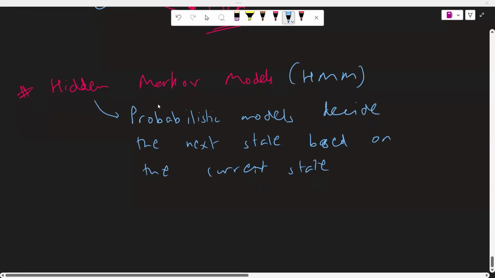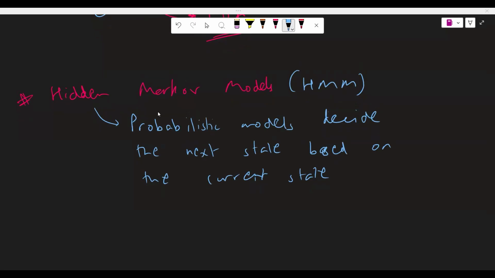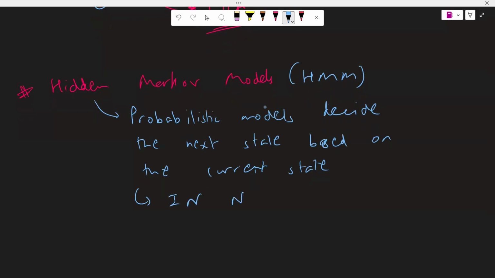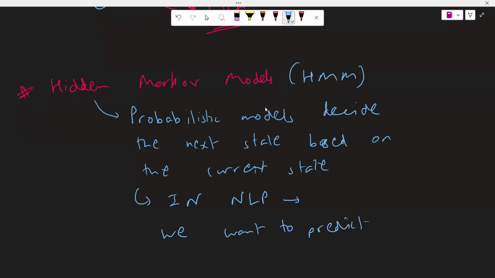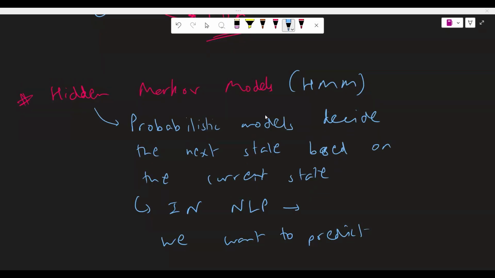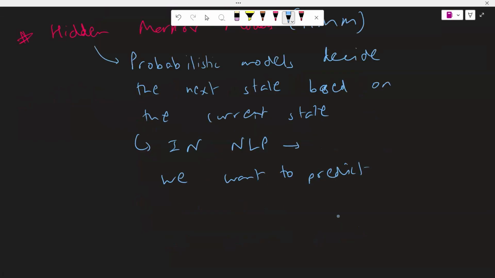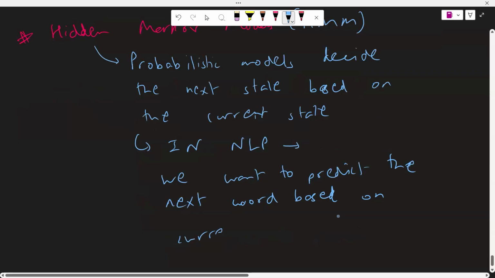So for example, in NLP, let's say we want to predict the next word based on the current word. For example, when you try to send a WhatsApp message, right?